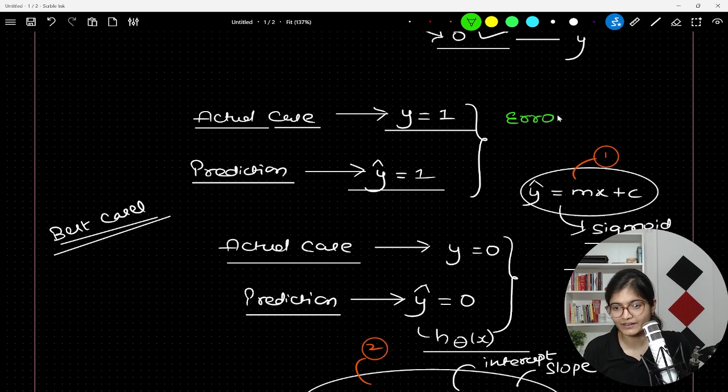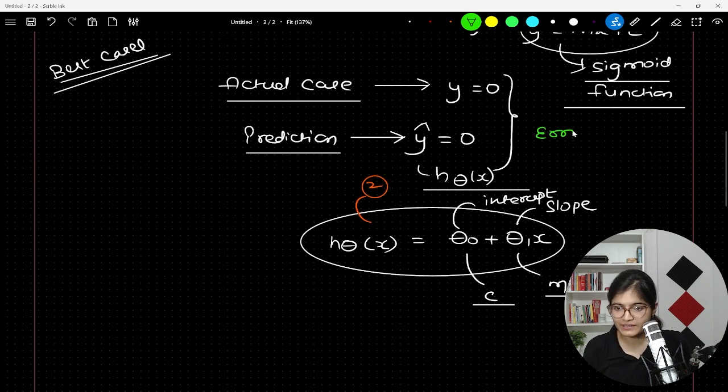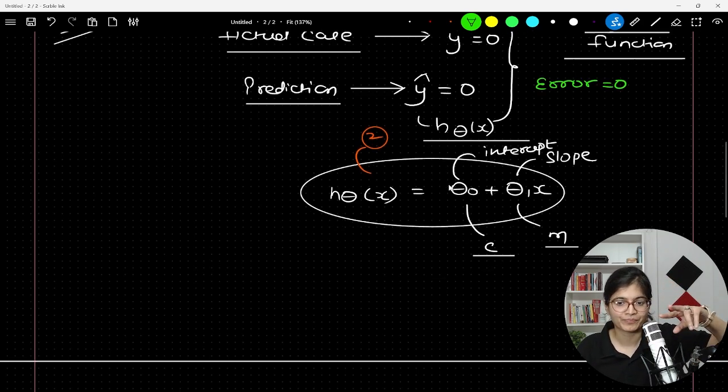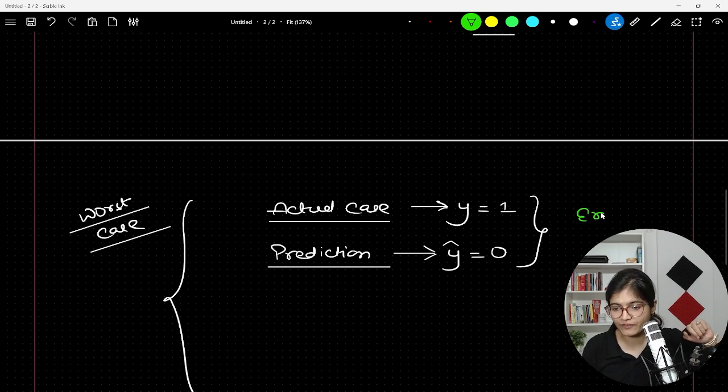Your error value approaches 0 only when the actual and the predictions are both the same. But in this case, your error value is approaching infinity.